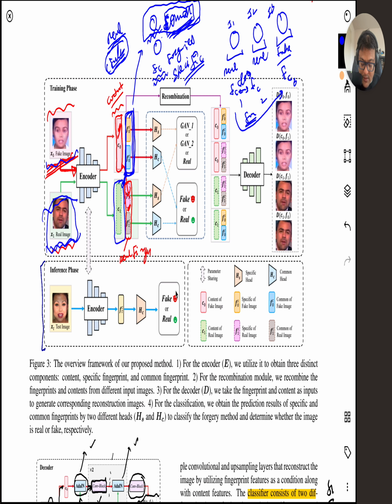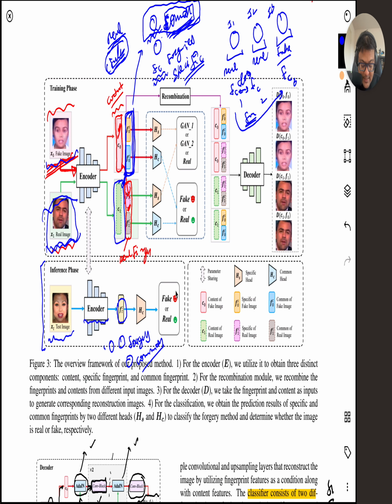Okay, so what does their inference look like? During inference, they take an image and pass it through the encoder, and they get all three features: the content feature, the forgery-specific feature, and the common feature, which is common to all the forgeries. So this FIC here means the common features of all the forgeries together.